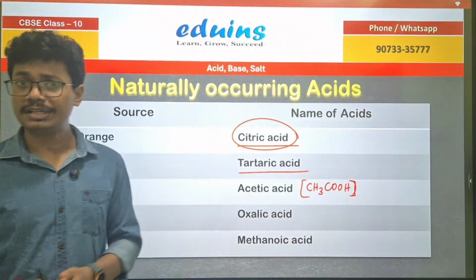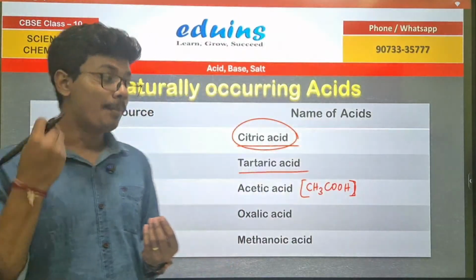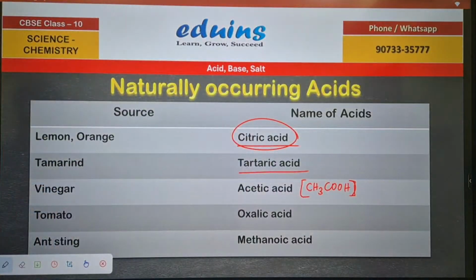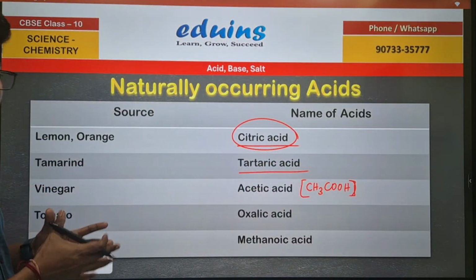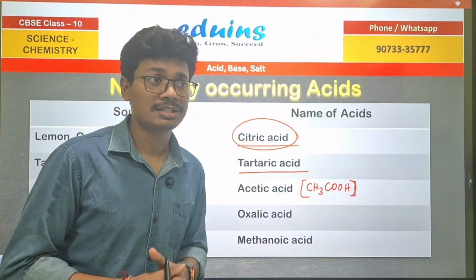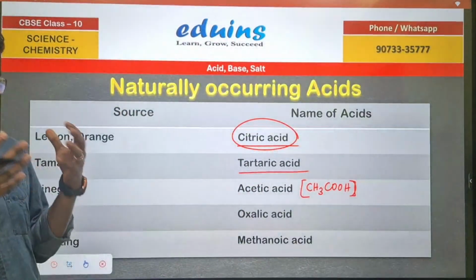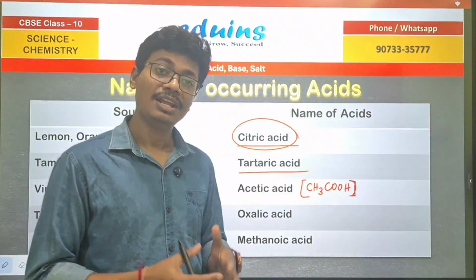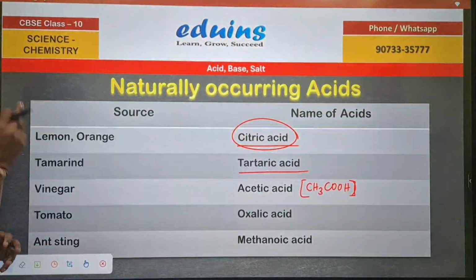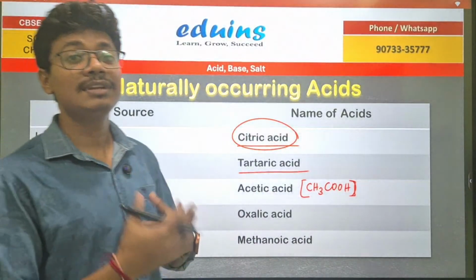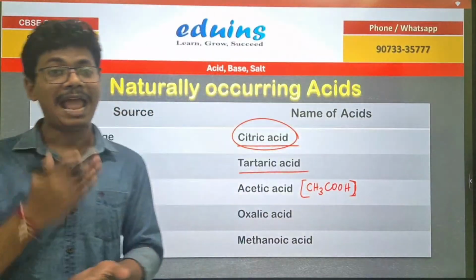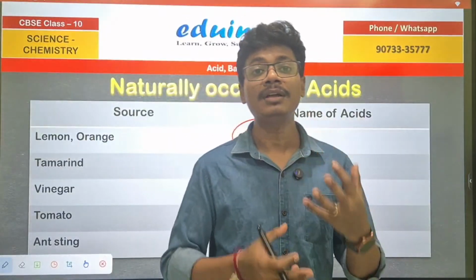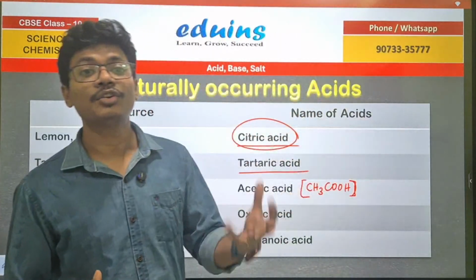Vinegar contains acetic acid. We all know vinegar. It is a common ingredient in our kitchen. Next time when your mother or father or any member of your home asks for vinegar, you can tell them that the acetic acid contained inside the vinegar preserves the food from bacteria and other microorganisms.